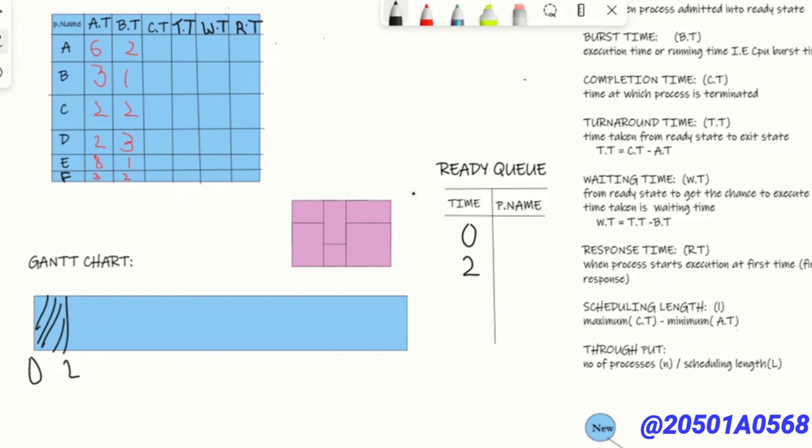Next, at 2 milliseconds, the processes entering into the ready queue are C and D. Here, the arrival time of both C and D is the same. Then, this is called a tie break.